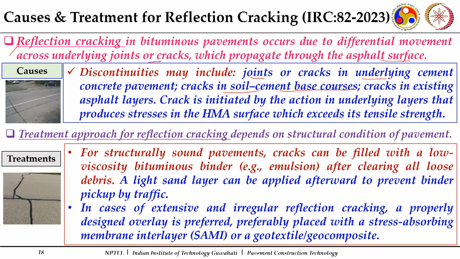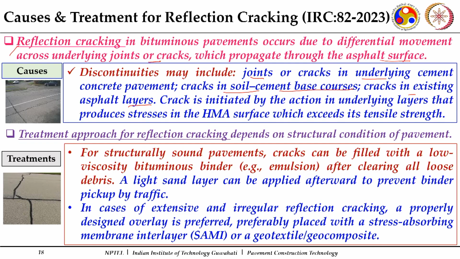Cracks in soil cement base courses, specifically when stabilized courses are used over which bituminous courses are constructed, get reflected when thin overlays are there. Cracks in existing asphalt layers, even in an existing pavement where extensive cracking is there, say fatigue cracking: if it is overlaid by a thin HMA, then those cracks in due course of time will propagate to the surface.